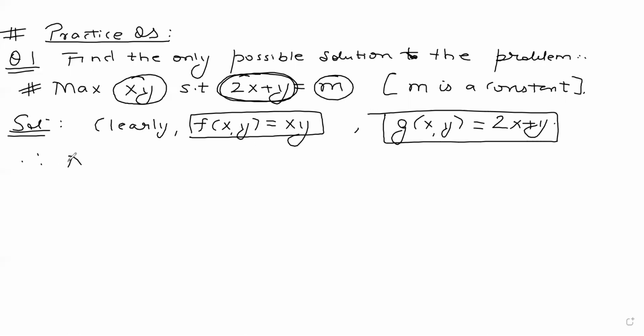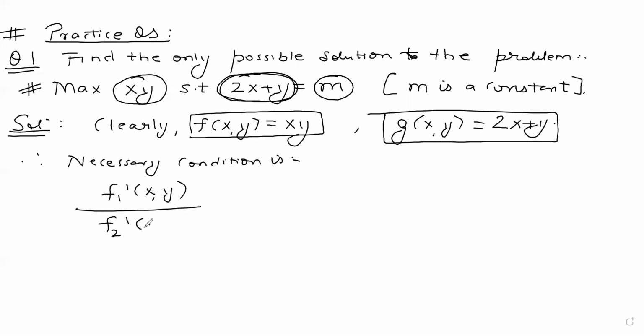So if I apply the necessary condition we have just learned, what is the necessary condition? The necessary condition is f1 dash xy upon f2 dash xy is equal to g1 dash xy upon g2 dash xy.